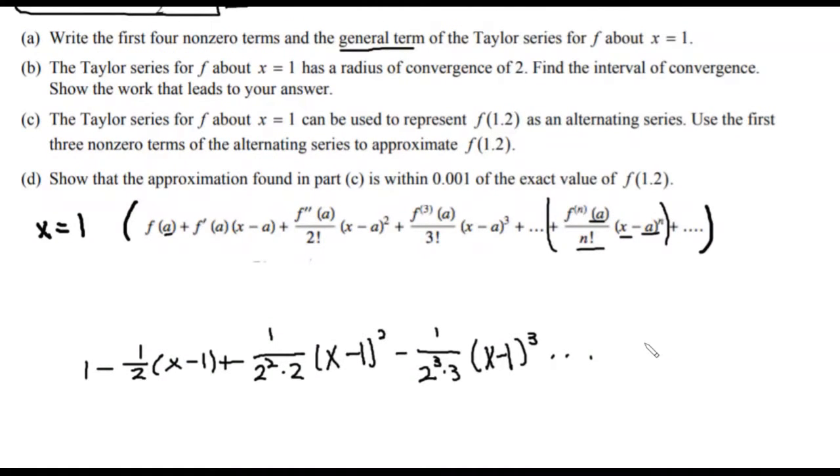So, because it's the general term, we could write, and as you can see, our equation goes from positive to negative to positive to negative to positive. That means we need this (-1) to the n factorial. So if we plug in 1, it will be negative.